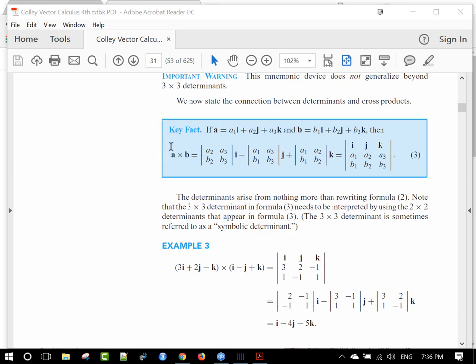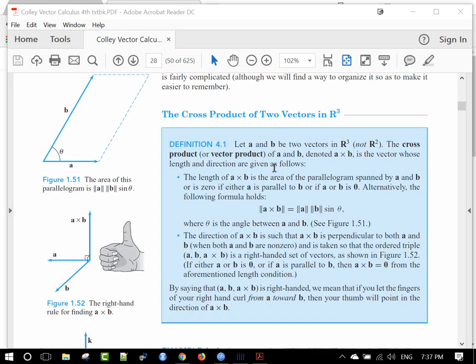We still have the original formula for A cross B, which was here, but there, we had to talk about the magnitude separately and then the direction using the right-hand rule.